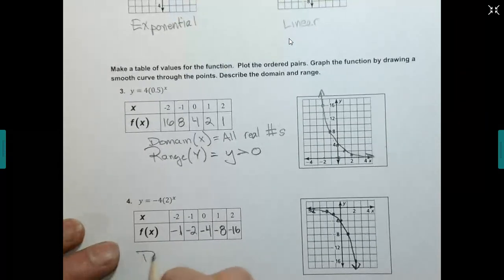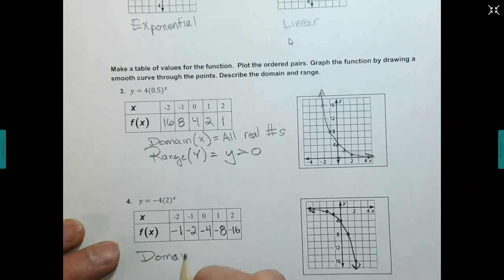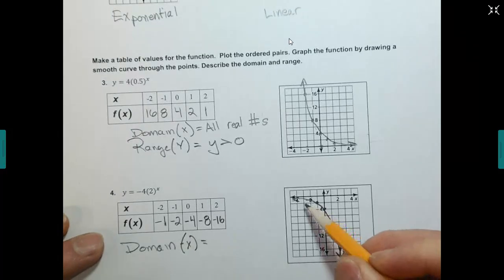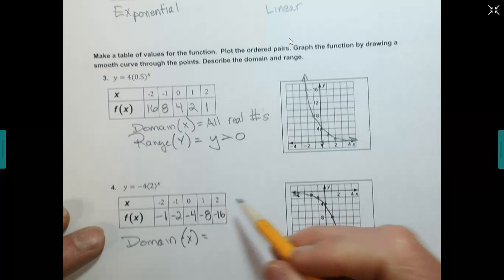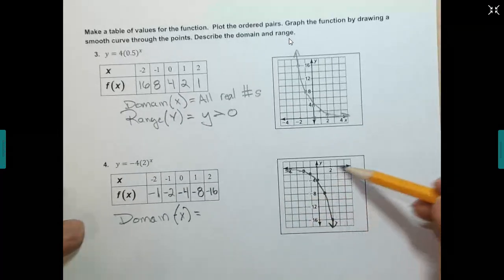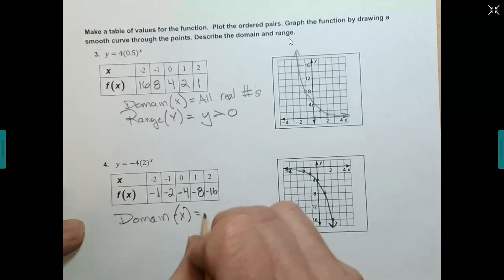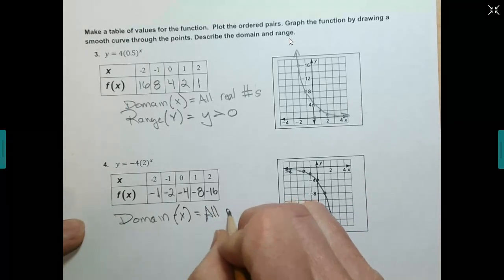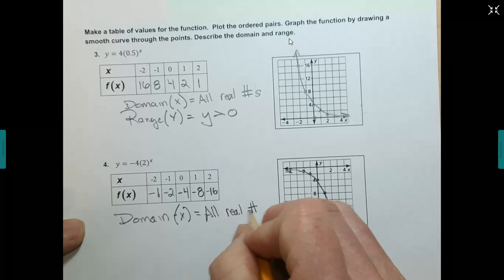And let's see what's my domain and range. Domain, which is my x values, it goes infinite this way, and if I went high enough, this would go infinitely this way. So I have all real numbers.